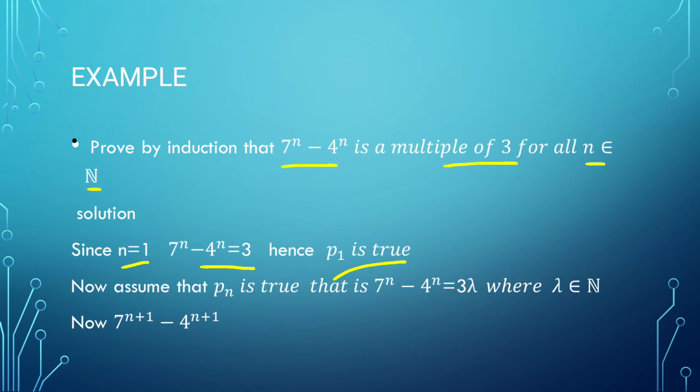Next assertion should be, we look at Pn, whether Pn is true. So simply we assume Pn is true, and that is 7 to the n minus 4 to the n is actually a multiple of 3, that is, 3 lambda.